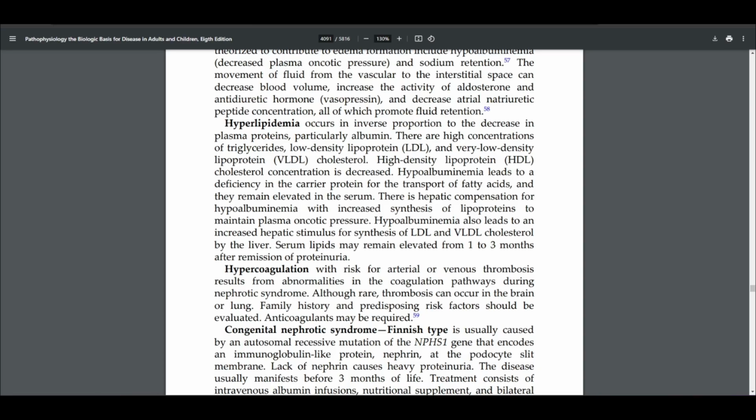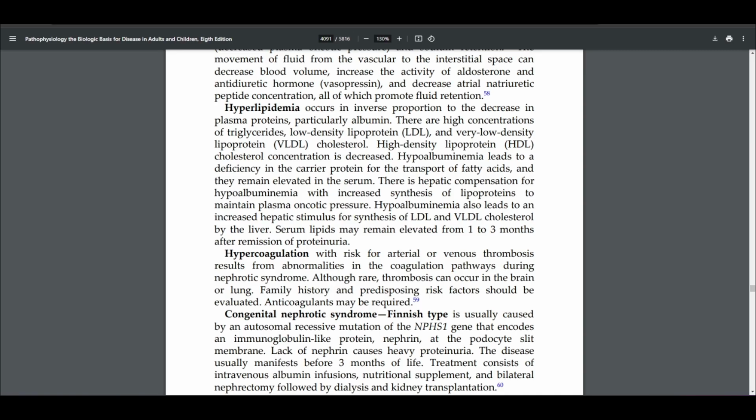There is a hepatic compensation for hypoalbuminemia, which increases synthesis of lipoproteins to maintain plasma oncotic pressure. Hypoalbuminemia also leads to an increased hepatic stimulus for synthesis of LDL and VLDL cholesterol by the liver. Serum lipids may remain elevated from 1 to 3 months after remission of proteinuria.